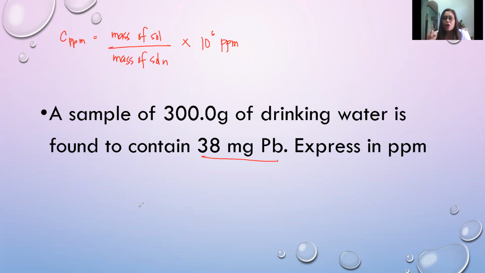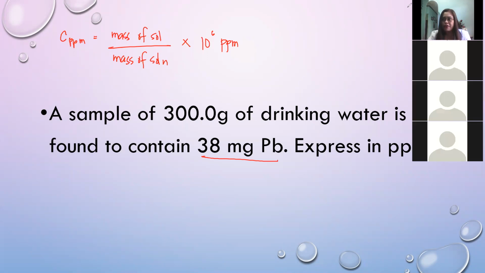The solute is what is being dissolved, and it is most likely present in a smaller amount. Just remember that the solute is what is dissolved, and the solvent is the one used in dissolving. Like water, which is most likely the universal solvent.